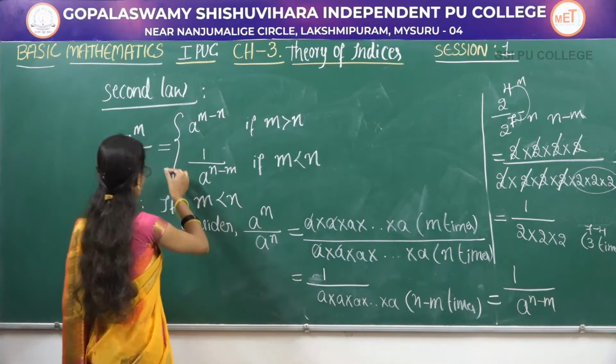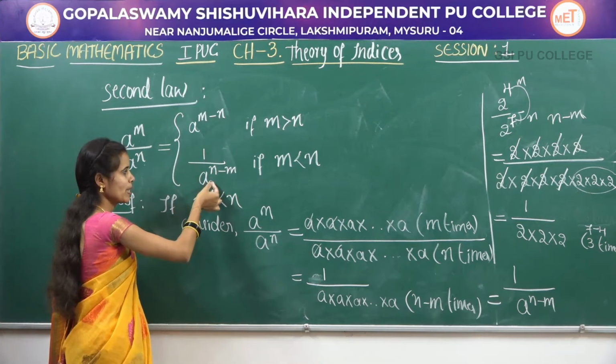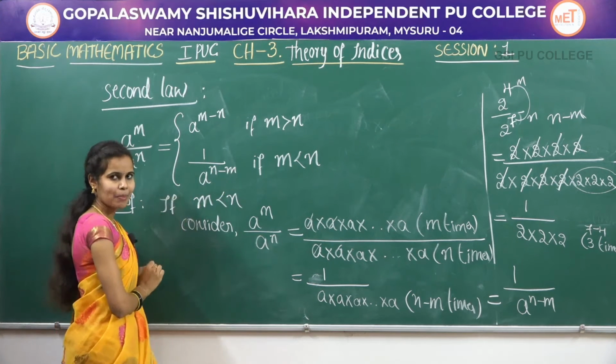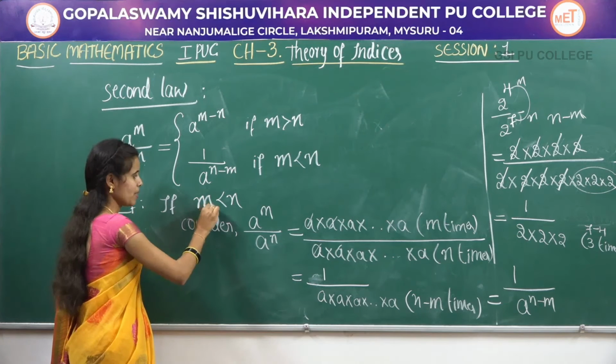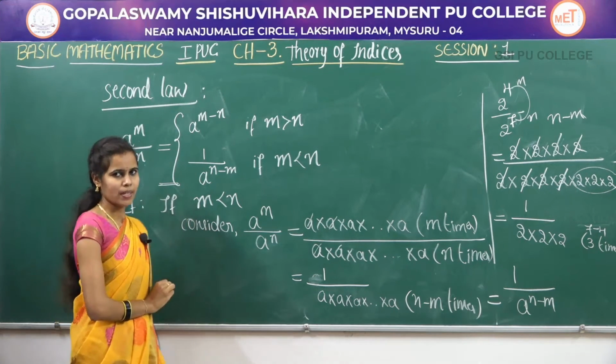Therefore a to the power of m divided by a to the power of n is equal to 1 divided by a to the power of n minus m, if m is less than n. This is called the second law of exponents.